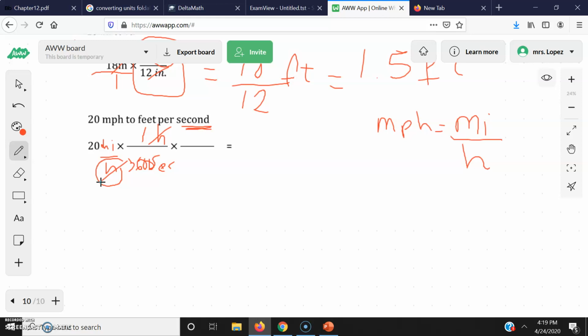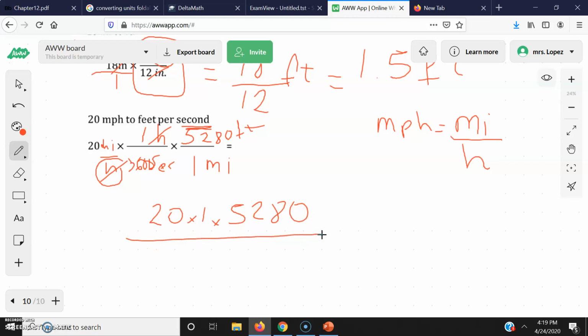Okay. Miles are in the numerator, so miles in the denominator to cancel. And I know that 1 mile is 5,280 feet. How do I multiply across? So I will have 20 times 1 times 5,280. That's my numerator.